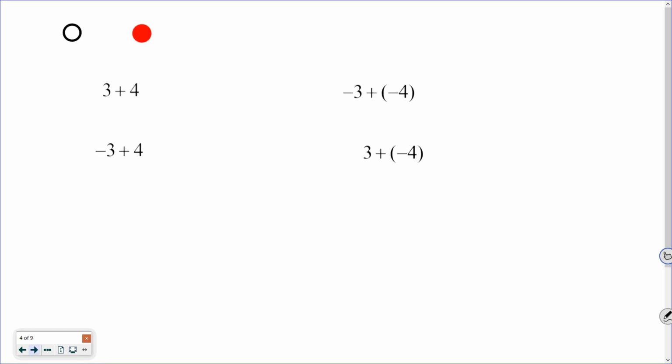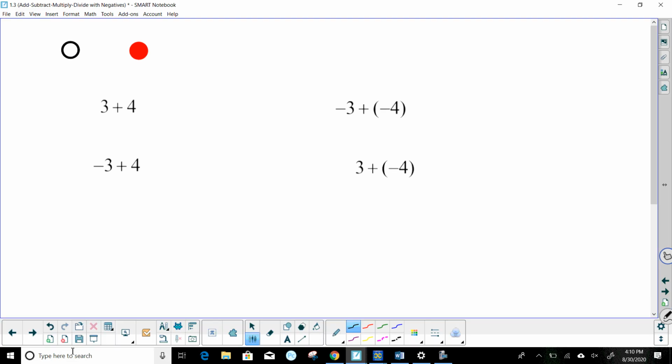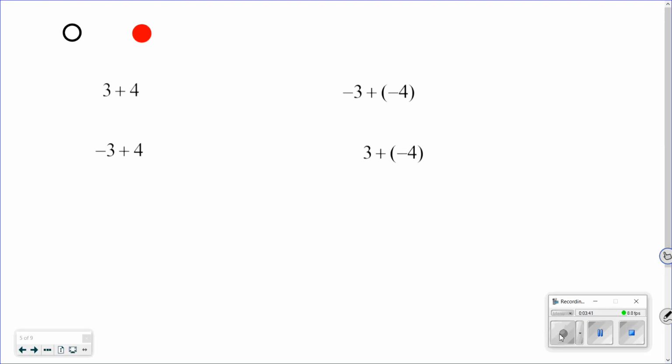Another way you can picture it is you can think about using these little circles. The white one over there is a positive and the red one's a negative. We want to see what happens. So if I want to do 3 plus 4, the way I'd model that is we would grab 3 of the positives first. 1, 2, 3.